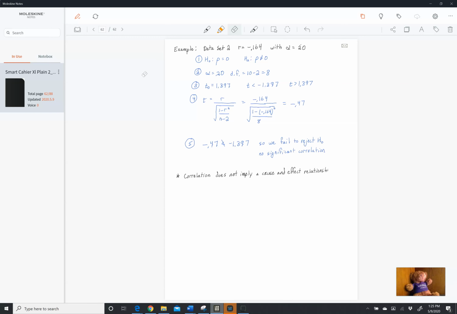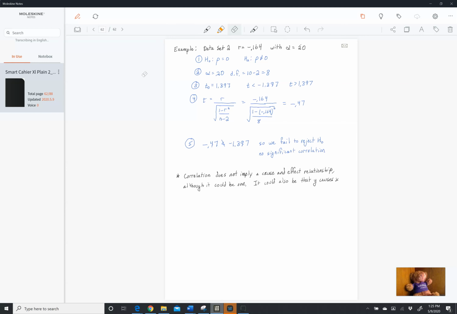It could, it doesn't mean that it's not possible. It could also be that somehow y causes x. So maybe the number of hours that you sleep doesn't affect your reaction time. Your reaction time affects your number of hours that you sleep.